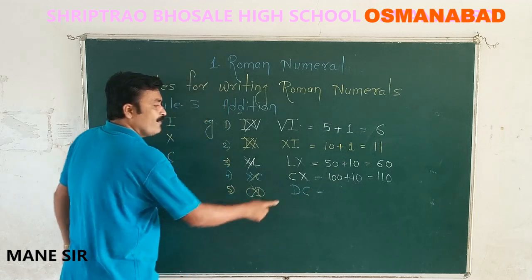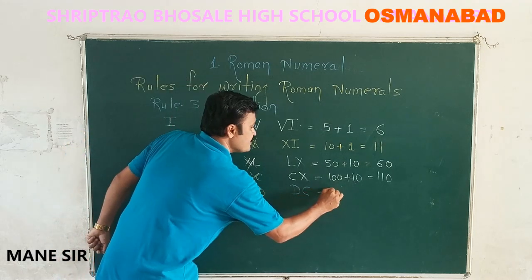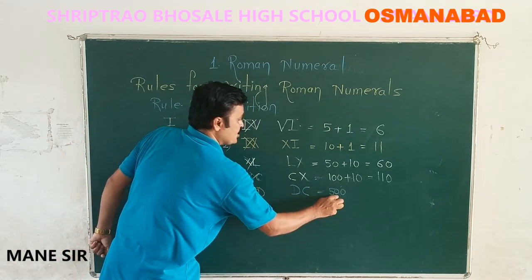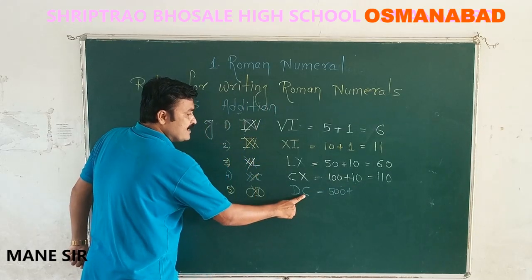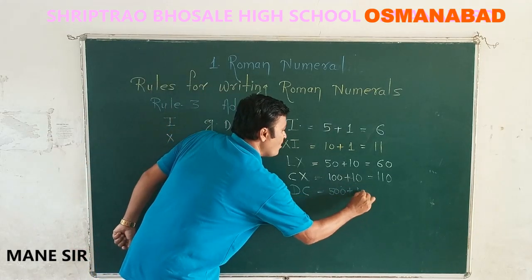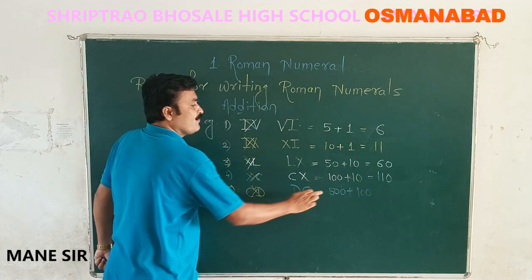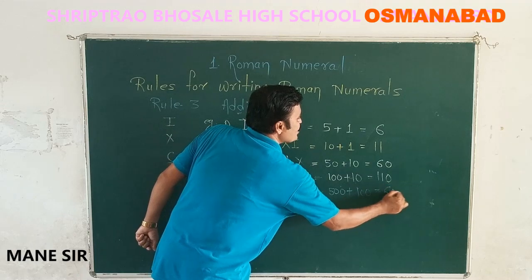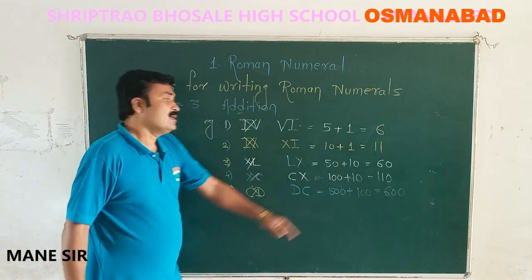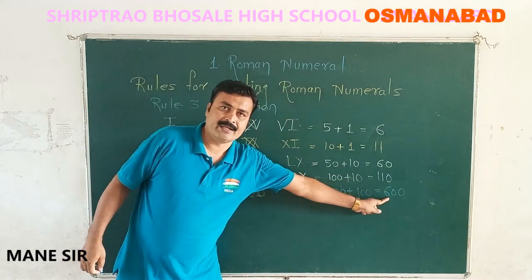Now you know the value of D, that is 500. Take a plus sign now, and C has the value 100. So 500 plus 100, we get the international number 600.